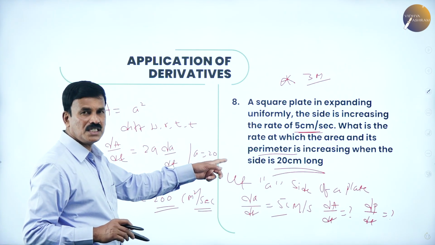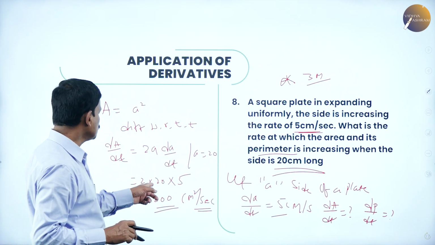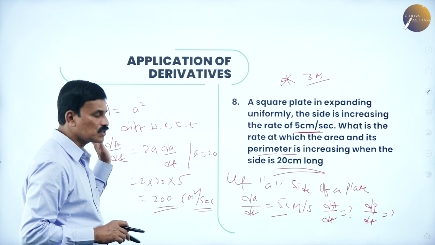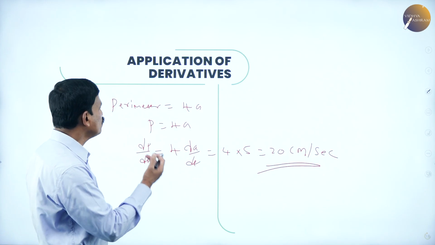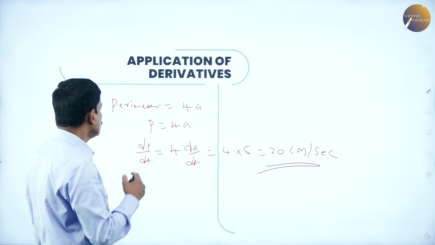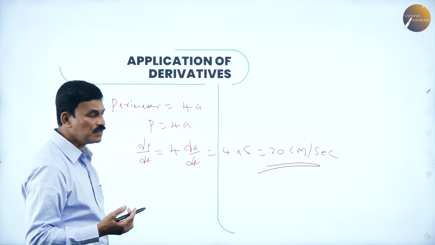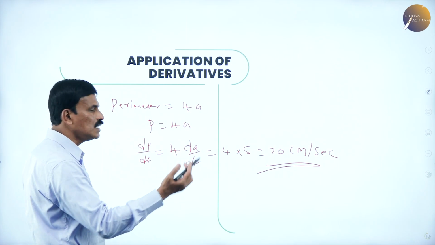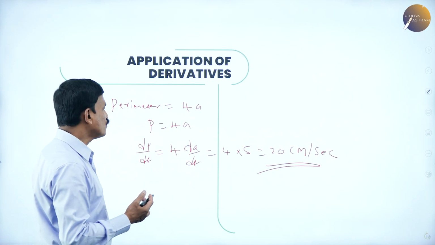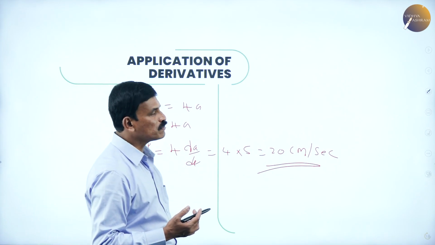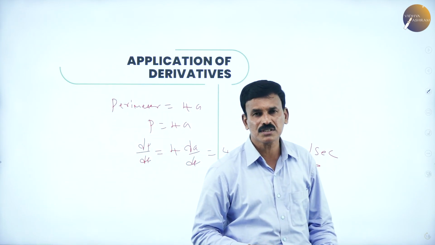Substitute A as 20, 2 into 20 into 5, that's equal to 200 centimeters square per second. On the other hand, the perimeter of the square is 4A. So P is equal to 4A, differentiate with respect to t, dP by dt is equal to 4 into da by dt, which is already given. 4 into 5, that's equal to 20 centimeters per second, the required rate of change of the perimeter of the square.